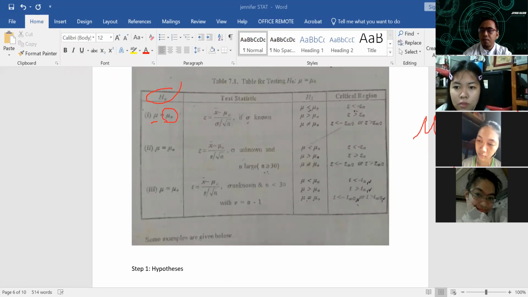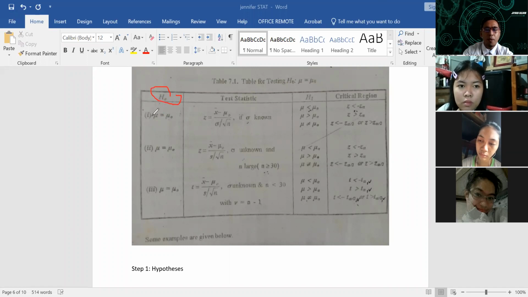In this case, the claimed mean is denoted by mean sub 0. So the part that you claim is called the claimed mean. So the null hypothesis will always be population mean equal to your claimed mean.